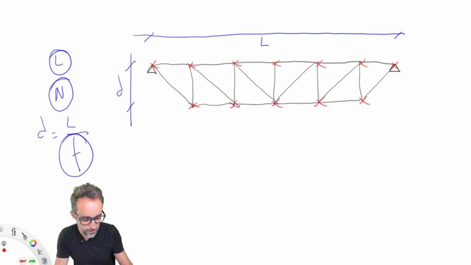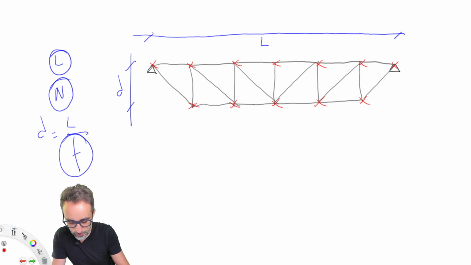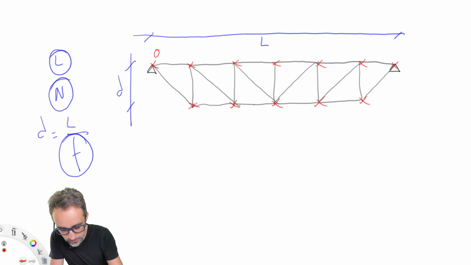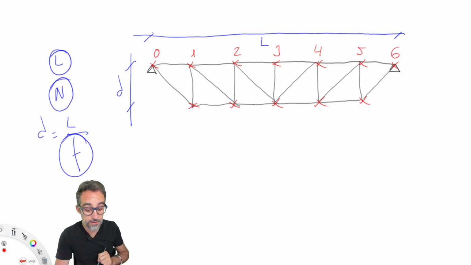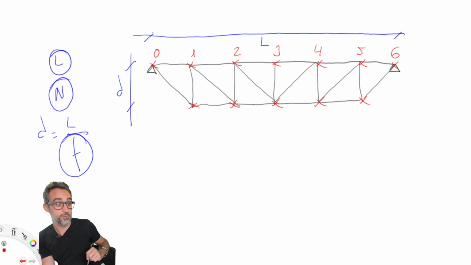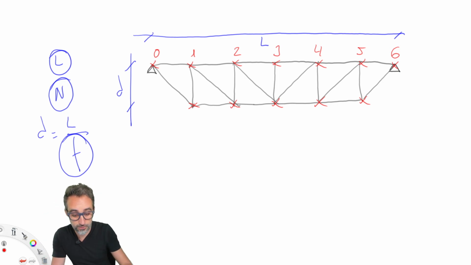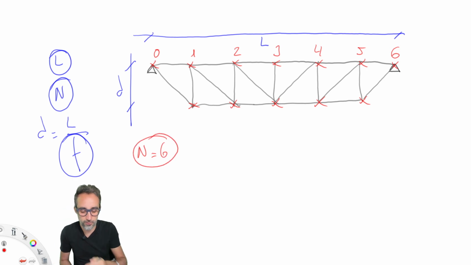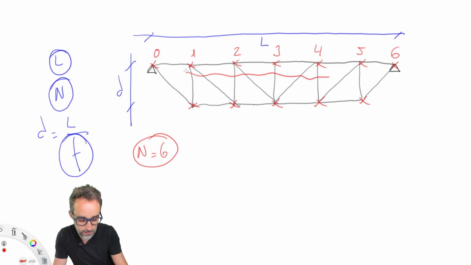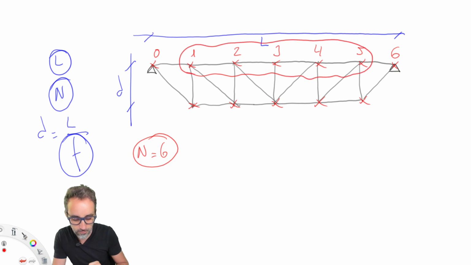So if we have our points and the points are labeled 0, 1, 2, 3, 4, 5, and 6, this is how the numbers are going to be labeled for a situation where n, the number of spans, equals 6. So what we need to do is we need to extract these points here.